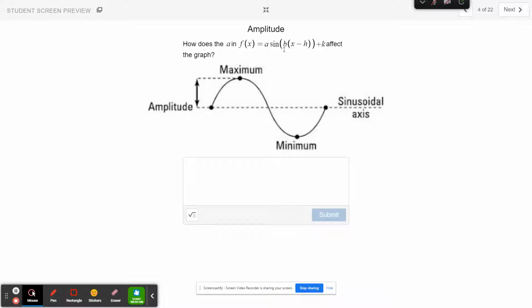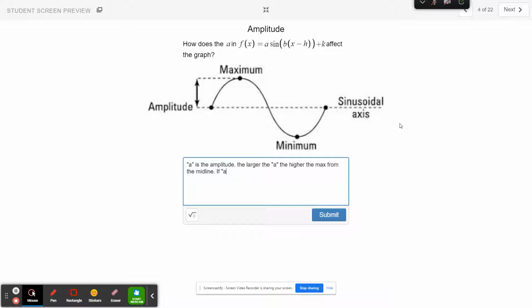how does A in this equation affect the graph? Just looking at it very basically, A is the amplitude. It's right in the title of the page. The larger the A, the further the max is from the midline, which the technical term for is the sinusoidal axis.